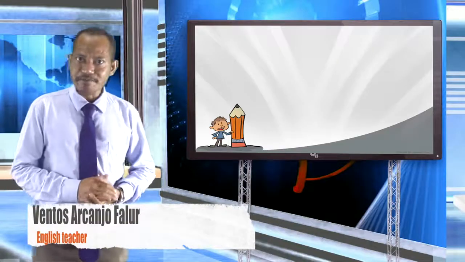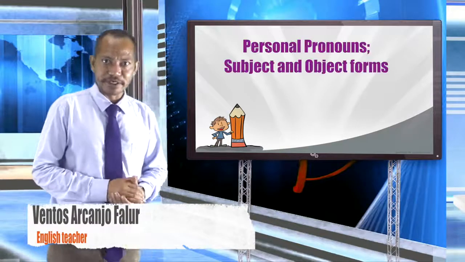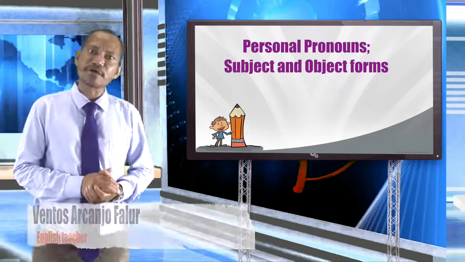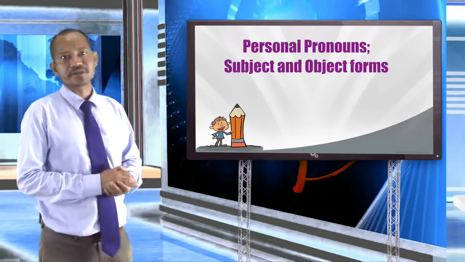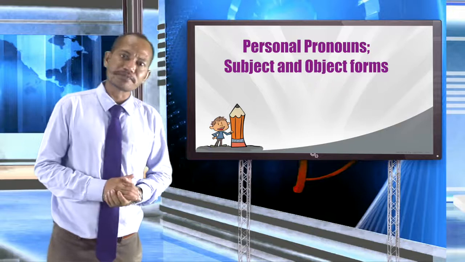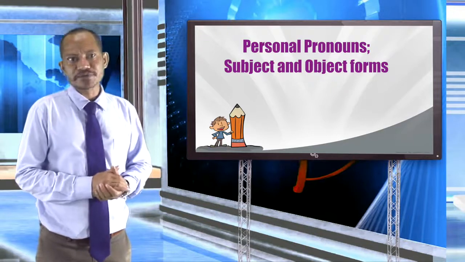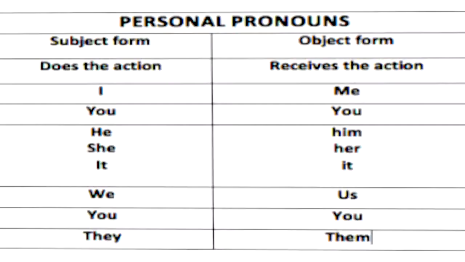Alright, as I mentioned earlier, our focus today is all about the personal pronouns, subject and object forms. Therefore, I would like to refer you all to this table here for the details. So, in brief, there are two different types of personal pronouns.